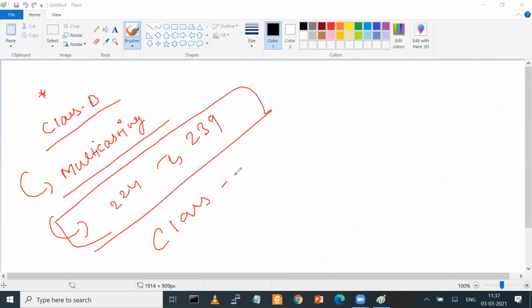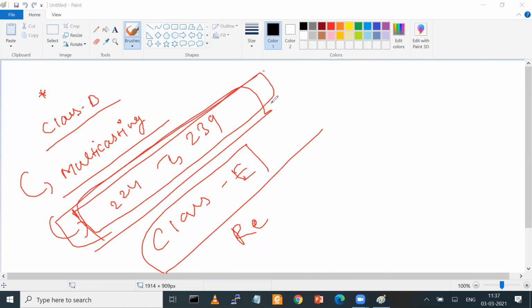And the last class is class E, which is reserved. We are not using it in production. This range is used with routing protocols. We'll understand later how we use it. Class E is reserved for research and scientific purposes.